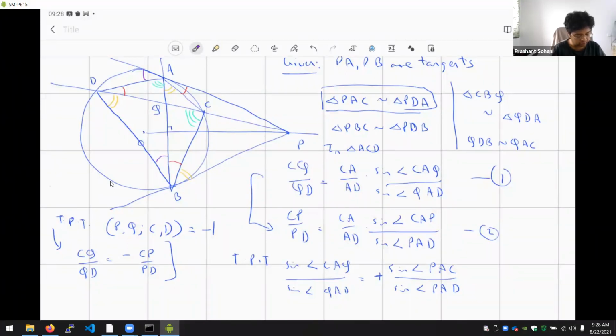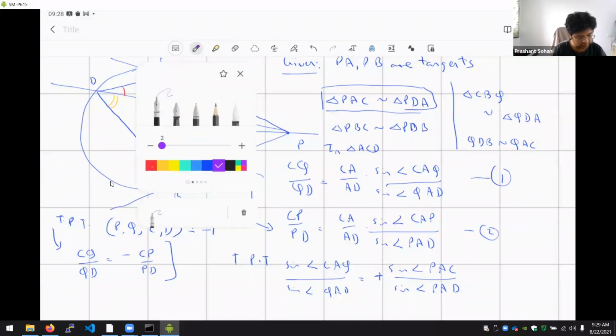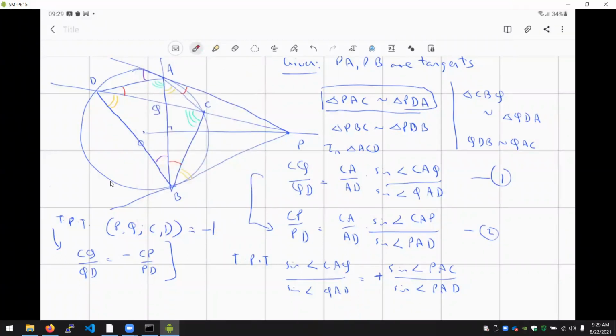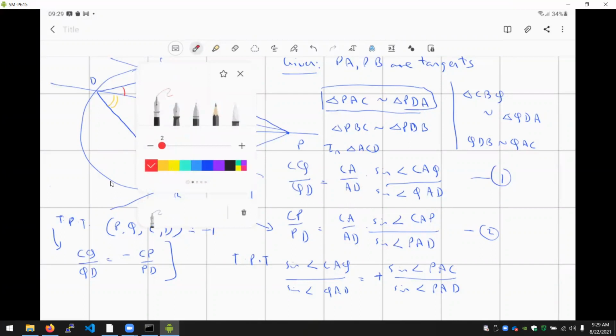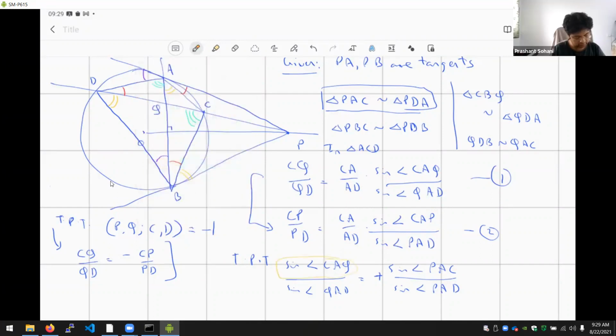Sine of angle CAQ, which is orange, upon blue, equal to PAC, which is red, upon purple. Okay, do you see the colors of the angles? CAQ is nothing but orange. QAD is the blue color. PAC is red.